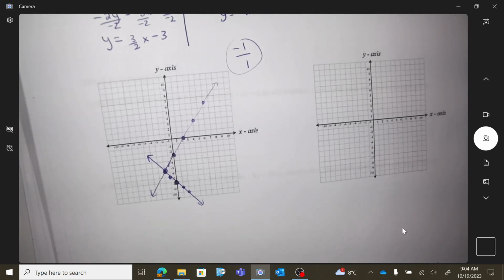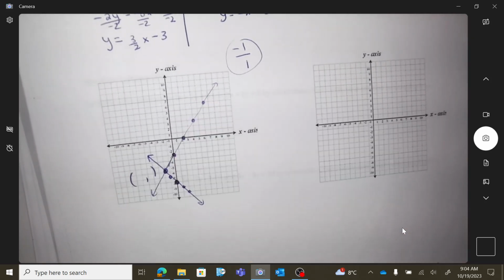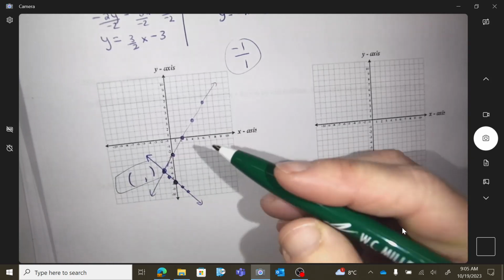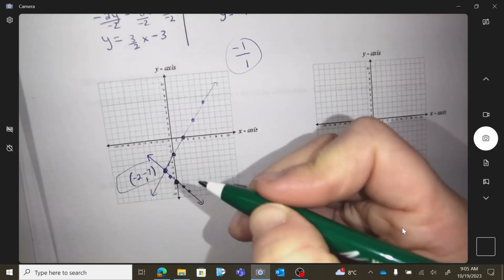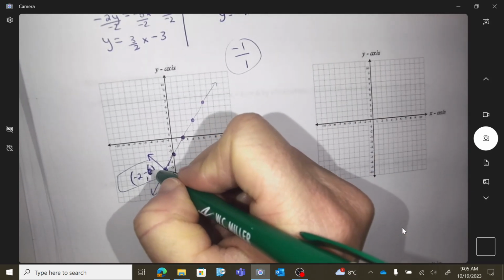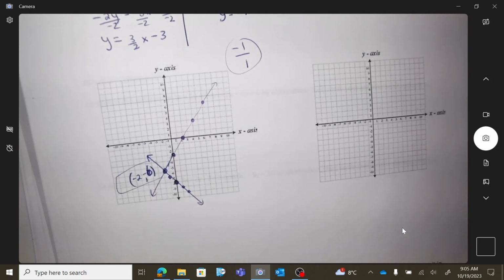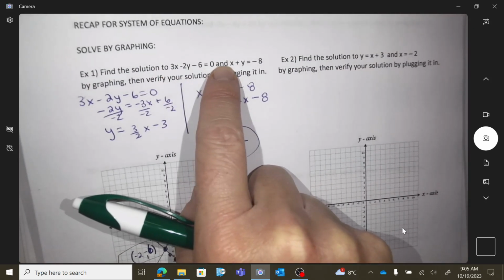Okay, so your solution is you're going to have to actually list that coordinate for me. So what comma what is your answer? Negative 2, negative 6, I think, okay? Negative 2, negative 6. So you know if you're right or not because you can check your answer. You can just plug those numbers into your calculator.